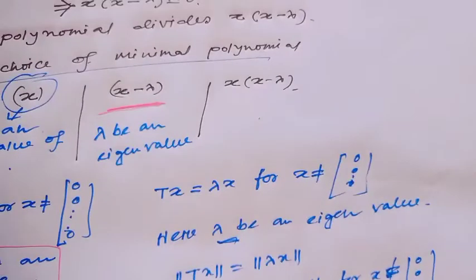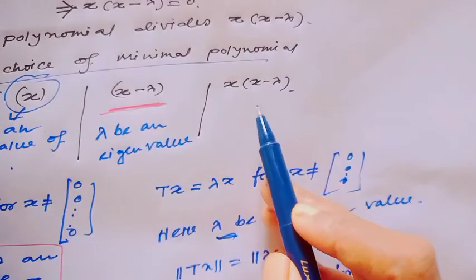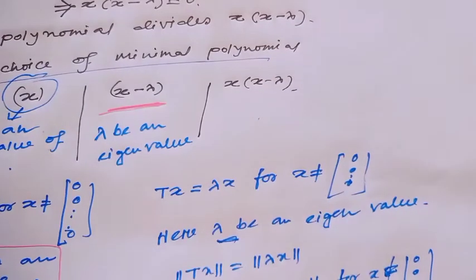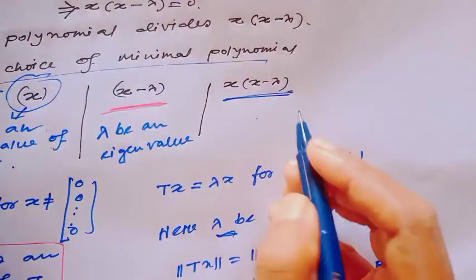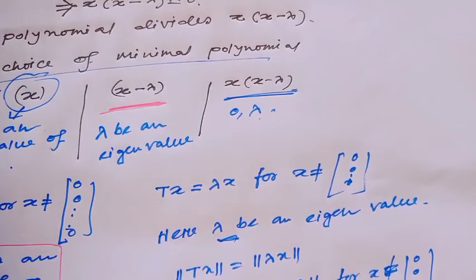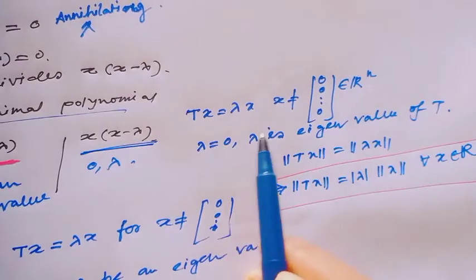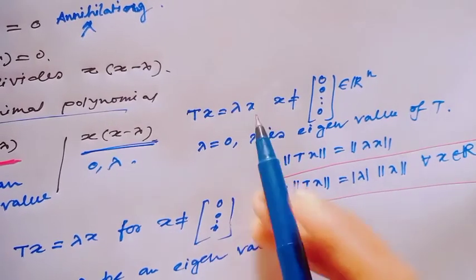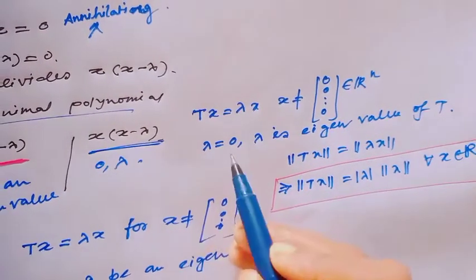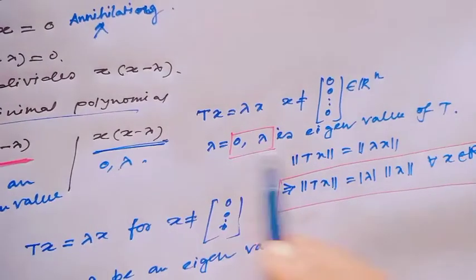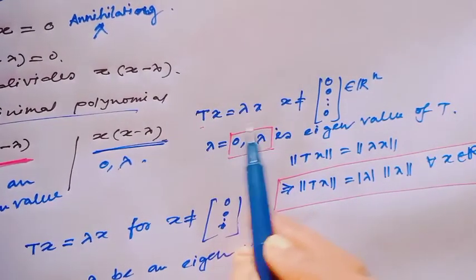The other minimal polynomial can be x times (x minus lambda). From this expression, the eigenvalues are 0 and lambda. Now apply Tx equals lambda x where x is non-zero. Since the eigenvalues are 0 and lambda, apply the norm on both sides as before.